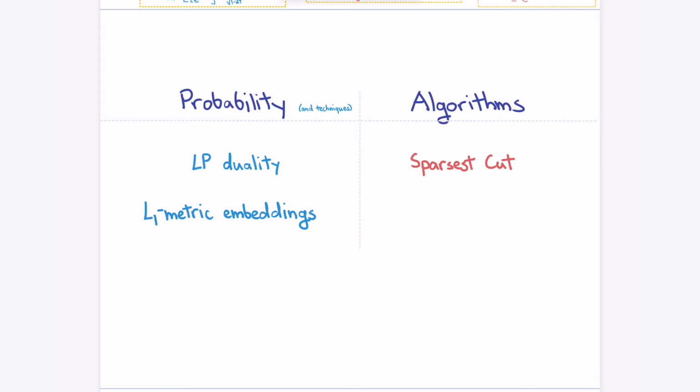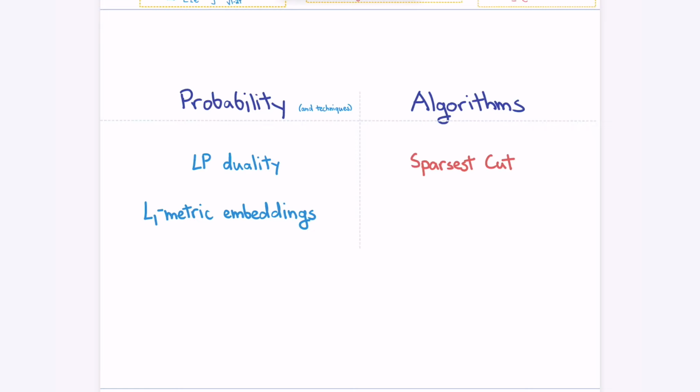Then in a black box fashion we converted that into an L1 metric, and we lost the log n factor, right? Because L1 metrics are specific, so you might expect to lose something when you get something back. So you give up this log n factor, but then afterwards you lose nothing. The L1 metric is actually easy to round from a cut point of view, and that was the overall approximation.